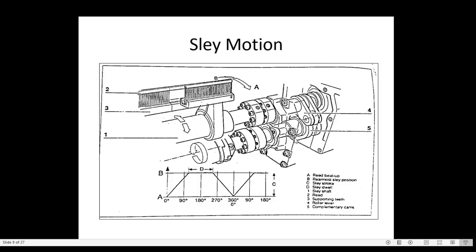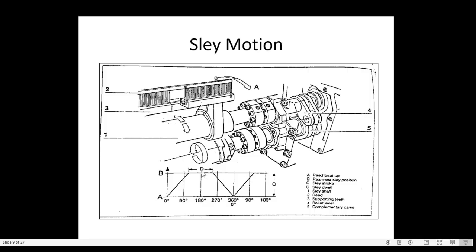So when the width of the fabric changes, the dwell has to be changed. More width of the fabric, more dwell should be there. The match cam of that dwell degree we have to select here. More the width, more time is required for the weft to go from one side to the other side. Obviously more dwell will be required here.